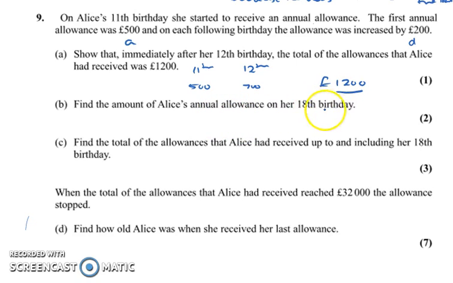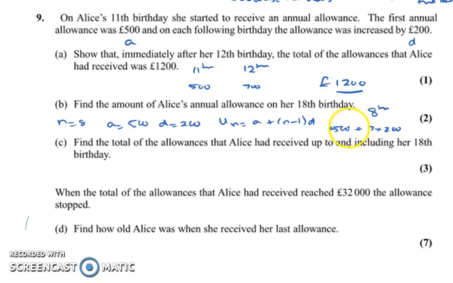On her 18th birthday, this was the 8th term, so n equals 8, a equals 500, d equals 200. Using un equals a add n minus 1 d, we get that the 8th term is 500 add 7 lots of 200, which is £1,900.